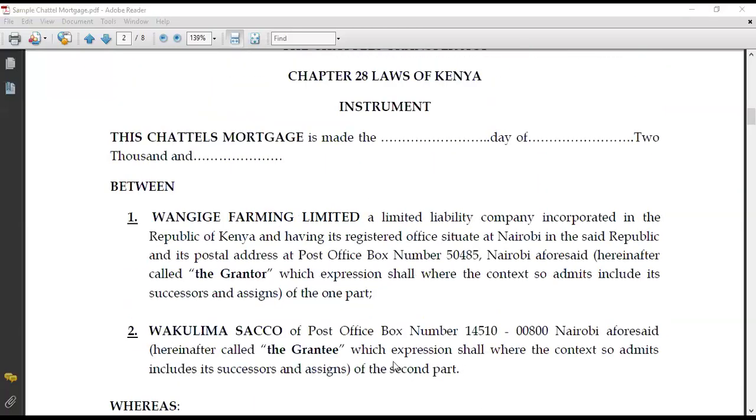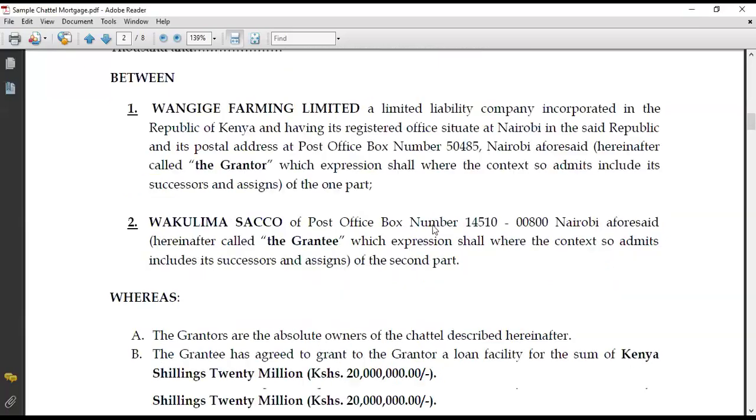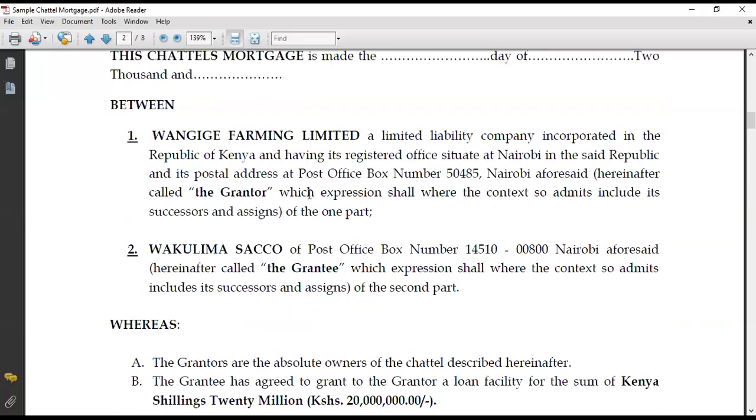Keno Sugar Limited is a private company used in importation and milling of sugar. You don't even need to put the post office box. So the most important one is the grantor, and the wording of grantor and grantee.